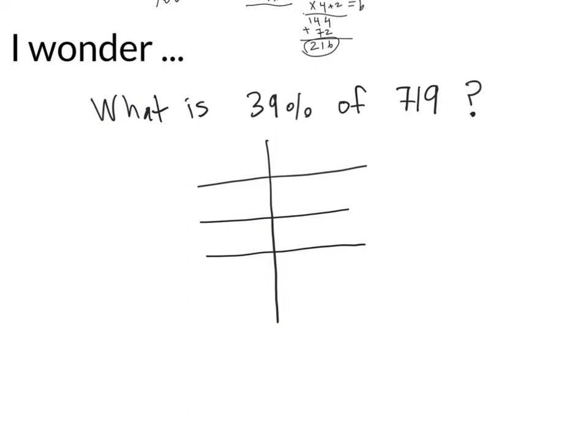So remember, we're dealing with part to whole ratios here, and we know since we're dealing with percent, one of those wholes has to have 100. Why does it have to have 100? Because percent means by 100ths.